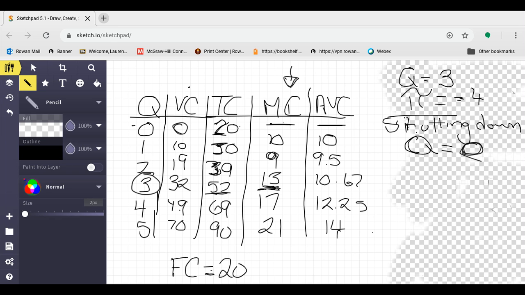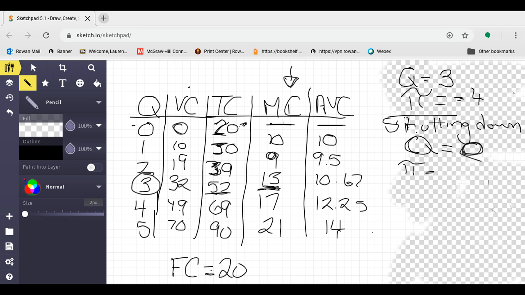So what is our profit, though, if we shut down? We produce nothing. Well, we still have a total cost at 0. We would still have to pay our rent for our building or pay insurance, say. We have a yearly contract, we have to pay it. So our profit shutting down is going to be 0 because total revenue is not going to be anything for not selling anything.